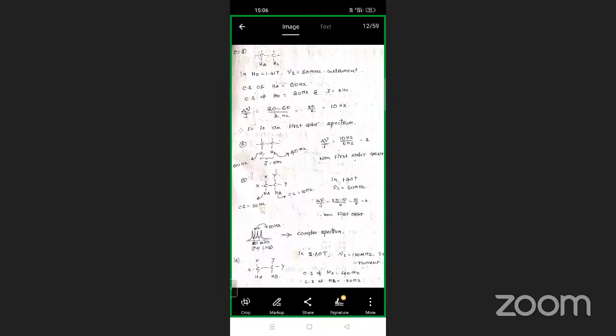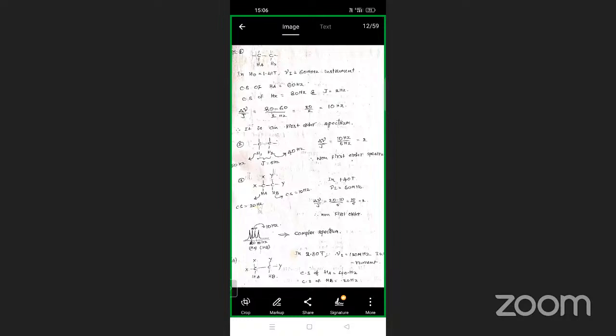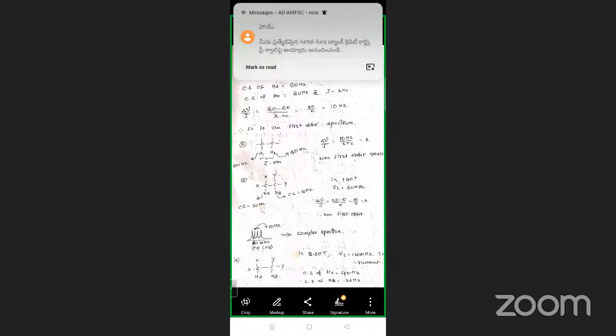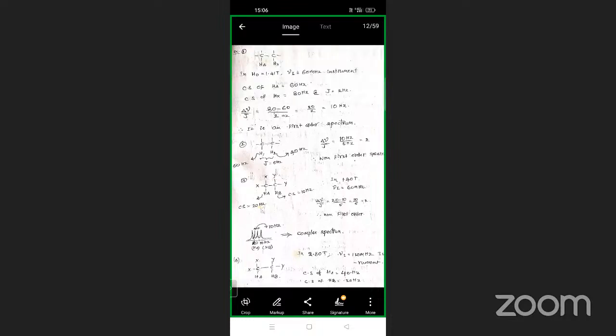Okay? And in the same way you can see one more example here. Like if you see example 2, where H1 and H2 protons, the H1 proton chemical shift value is 50 hertz here, and the H2 proton chemical shift value is 40 hertz here, and the coupling constant is 5 hertz here.